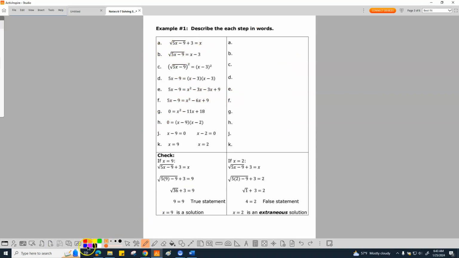If we paid attention at all yesterday, this should be kind of a repeat, kind of a breeze. Let's see what we got here. Example 1, what happened from here to here? A is the given equation, so let's have that written down. Given equation. Man, I wish I could get my digital handwriting better. What happened there? We moved the 3 over. So what did we do? We isolated the radical.